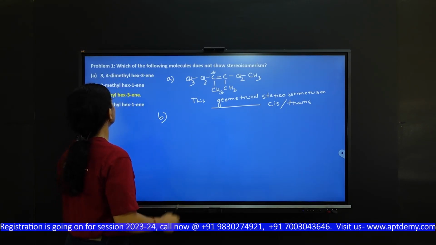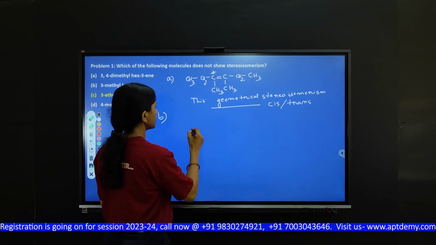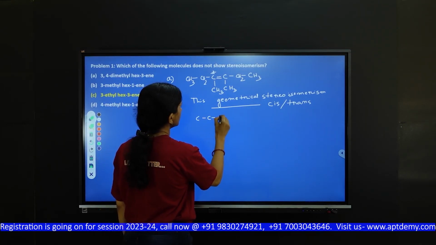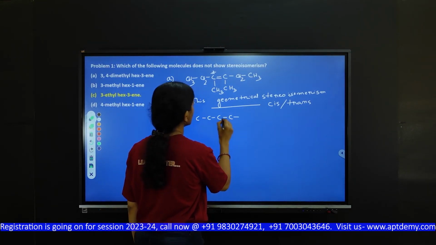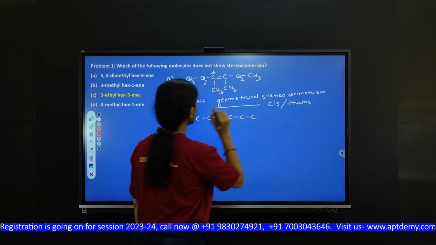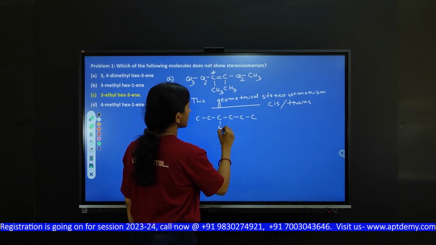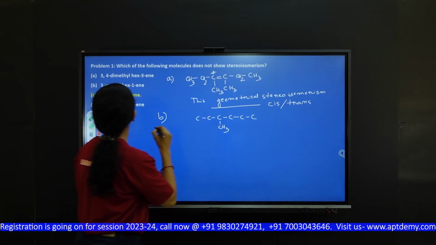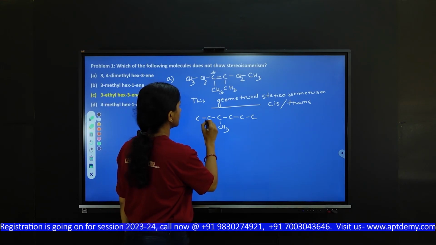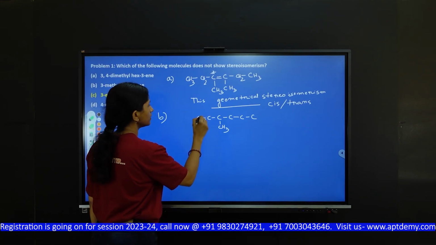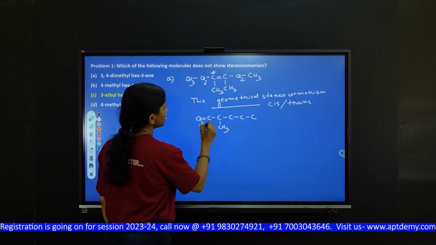Let's see B, 3-methyl hex 1-ene. Again we will have 6 carbon atoms and a 3-methyl, so our methyl group would be here. In 3-methyl hex 1-ene, the ene is at the first position.